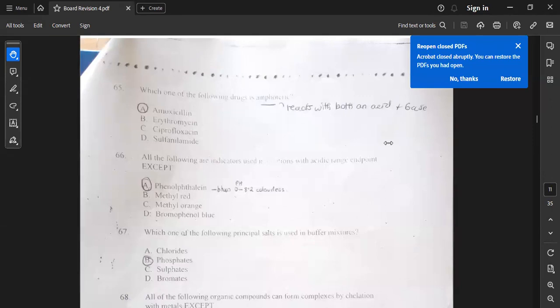So acidic endpoints, as written, we have methyl yellow, methyl orange, bromphenol blue. All of those are for acidic endpoints according to Google. I've shared a picture on the group.